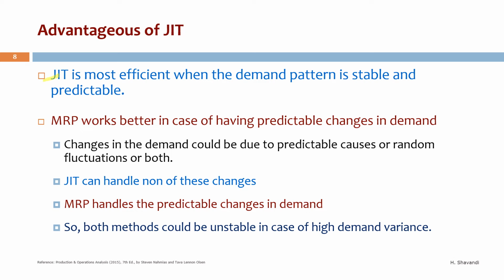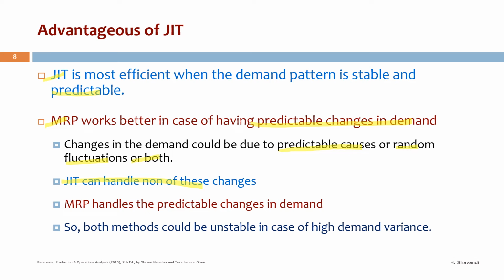Just-in-time is most efficient when the demand pattern is stable and predictable. We know that MRP works better when there are predictable changes in demand. Changes in demand could be because of predictable causes or random fluctuations, or both, but just-in-time is not able to handle these changes.